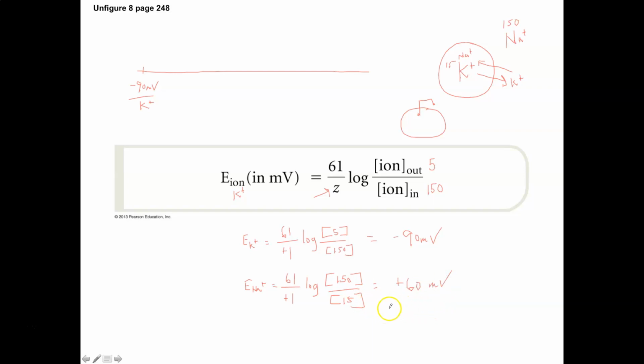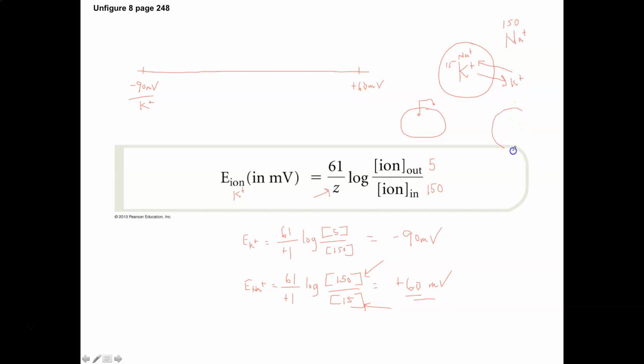Now again, if you change these values a little bit, the concentration inside and outside, you can get slight variations in the equilibrium potential numbers. But again, what it does is it tells us that the cell would have to be a positive 60 millivolts for its resting membrane potential.